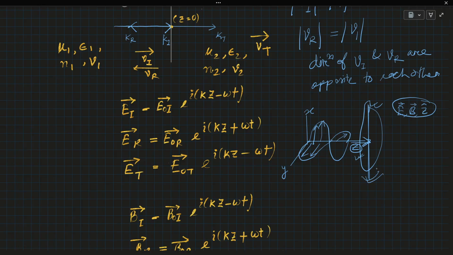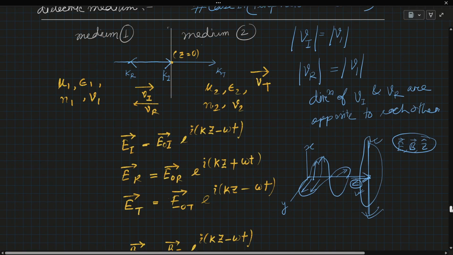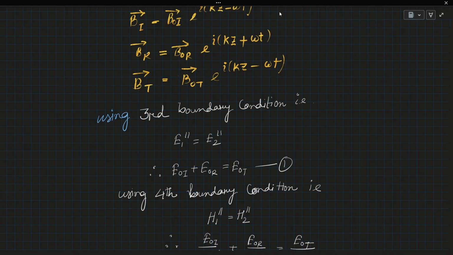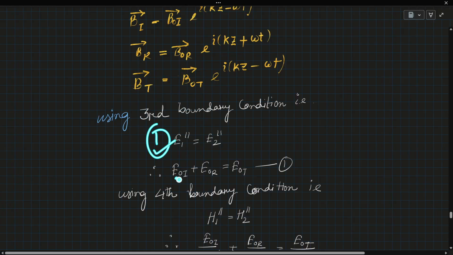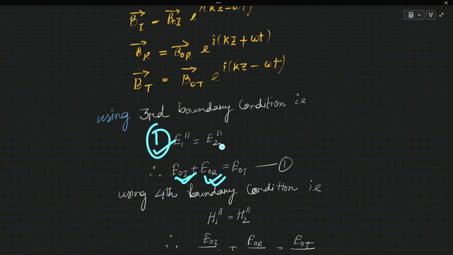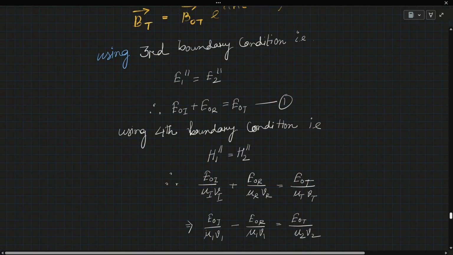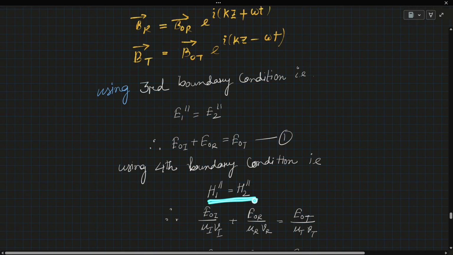So let's move forward. What I have written, for the first medium, is E0i plus E0r, and for medium 2 only E0t is there. And using the fourth condition, H1 parallel equals H2 parallel.